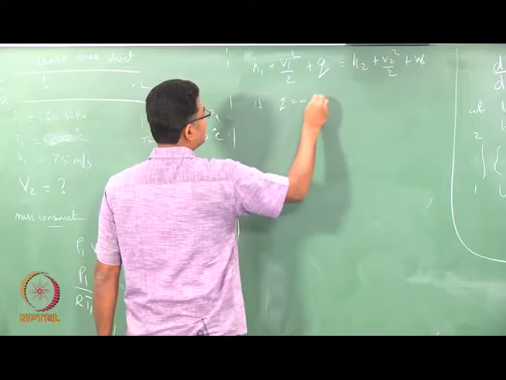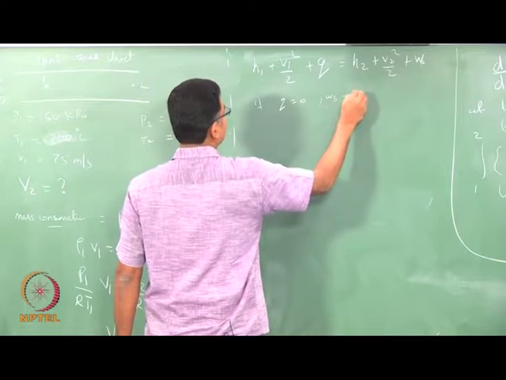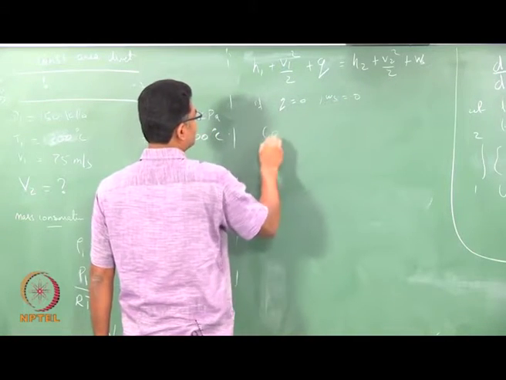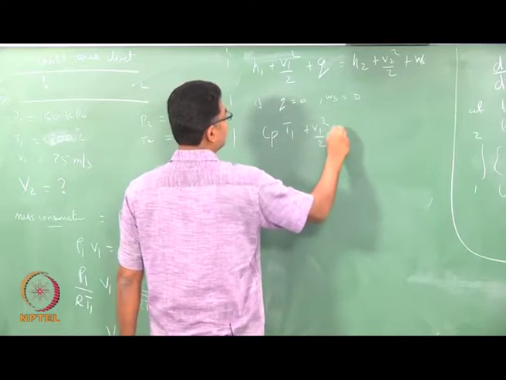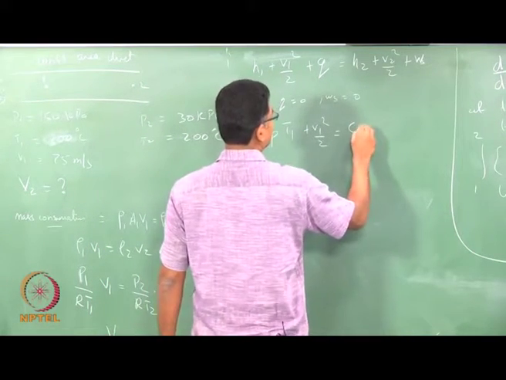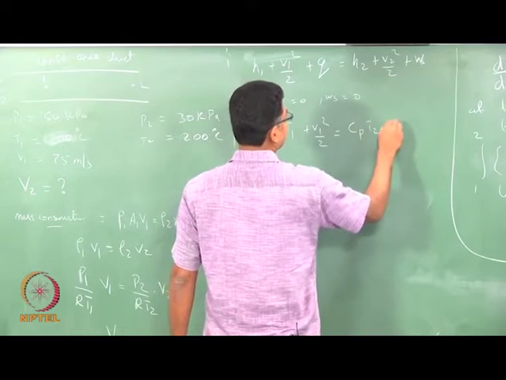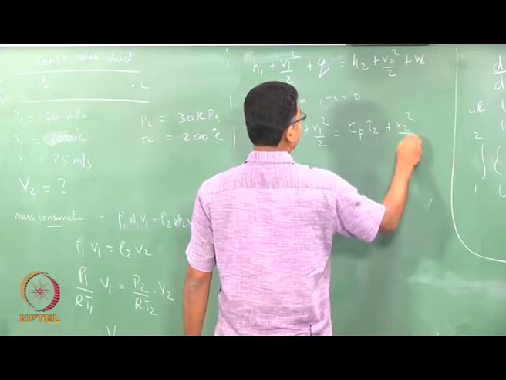If Q equals 0 and W is 0, I could write this as Cp T1 plus V1 square by 2 equals Cp T2 plus V2 square by 2.